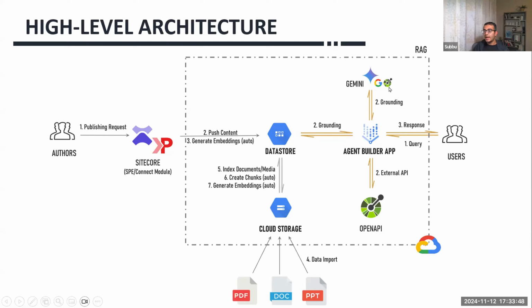And there you'll have to make a Gemini call with the Google Search grounding, because Agent Builder app doesn't support the grounding as of now inbuilt. So you'll have to build a function app with which you'll be calling the Gemini, and you'll be getting the response and sending back to the user. I've created all of these, and I've put this in a GitHub repository as well. I've included those links. I'll show you all of those.